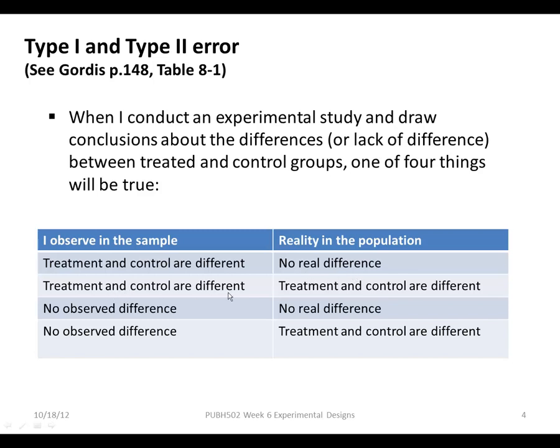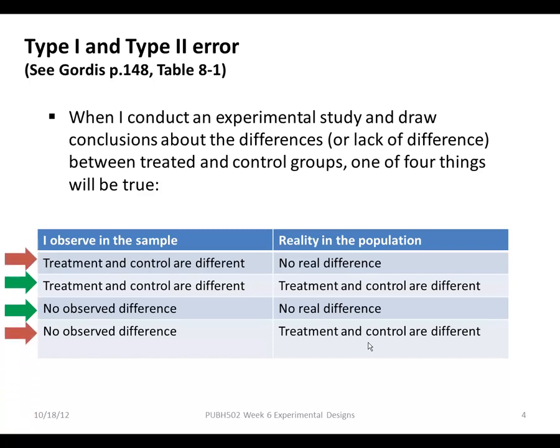Or I can observe a difference, and it turns out that that's a real difference in the population. It may be that I detect no differences in the 2 groups in my study, and that's true in reality as well. Or I may not detect a difference, but in reality the treatment and control are different. And so we can see in 2 conditions I'm correct, and in 2 conditions I'm in error.